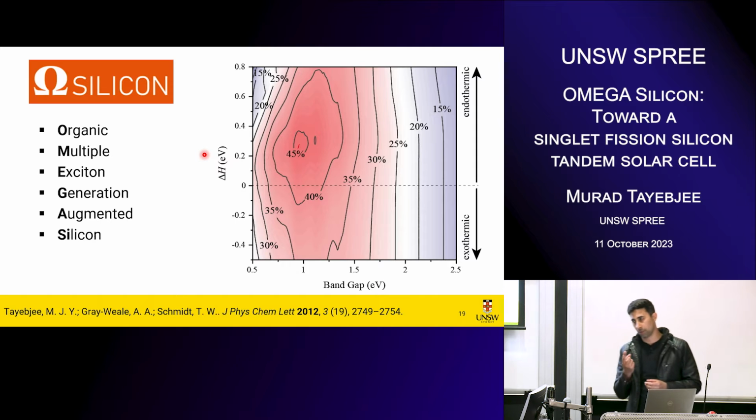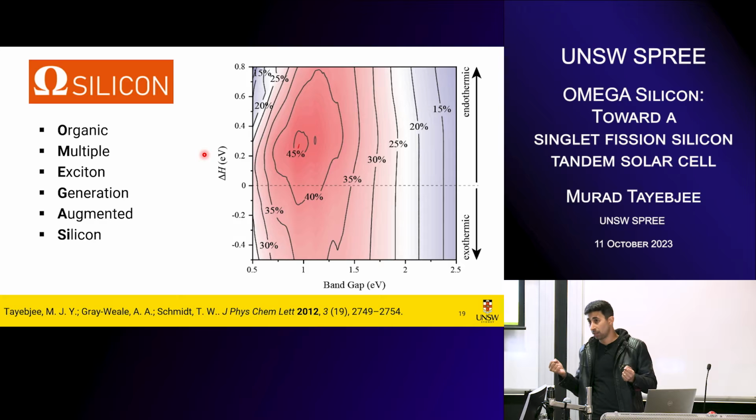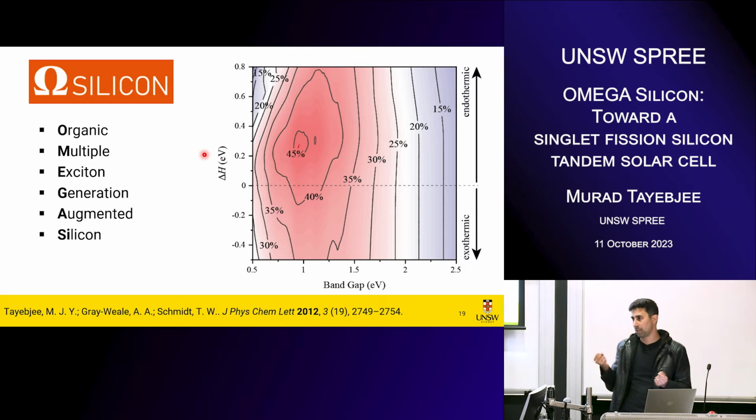Since we're absorbing one photon, generating one singlet exciton, and that splits into two excitons, it's actually an entropically favorable process, right? Because you can create two quasi-particles from one quasi-particle. And what that means is that singlet fission can actually occur endothermically. So when I said that the energy of the singlet exciton has to be at least twice the triplet, that was sort of a lie. You can get some thermal energy and actually go uphill.